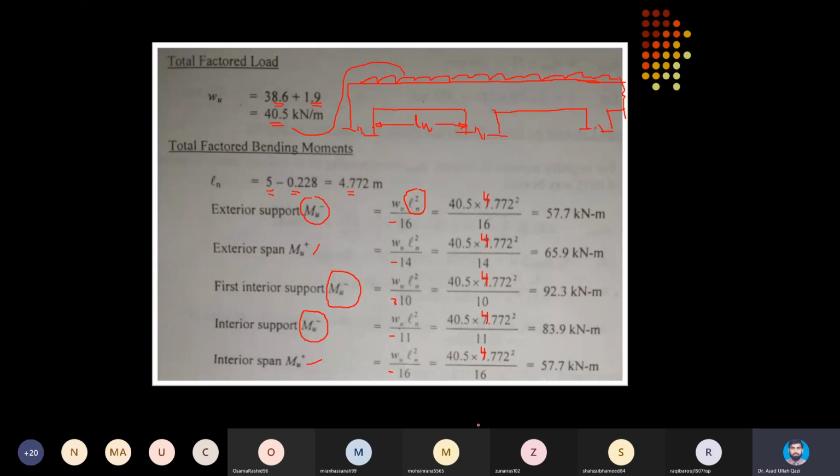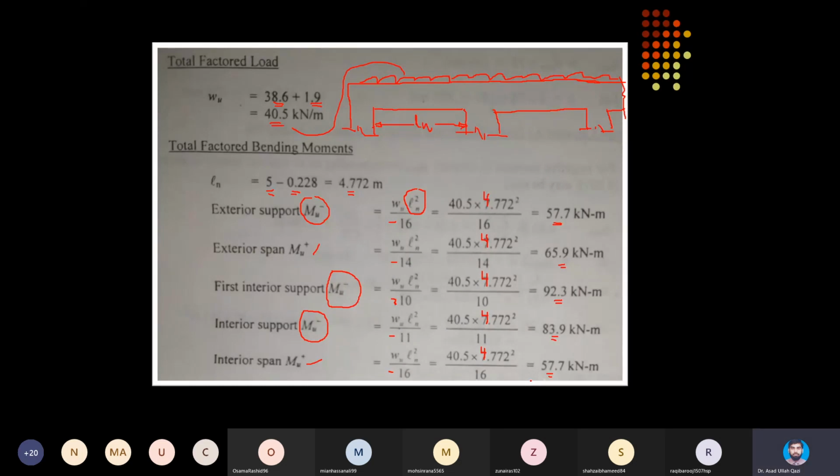So this is the hogging. First sagging moment in exterior panel, then hoggings, and finally the sagging. Now we have 5 different sections, and out of them 3 are negative, 2 are positive.